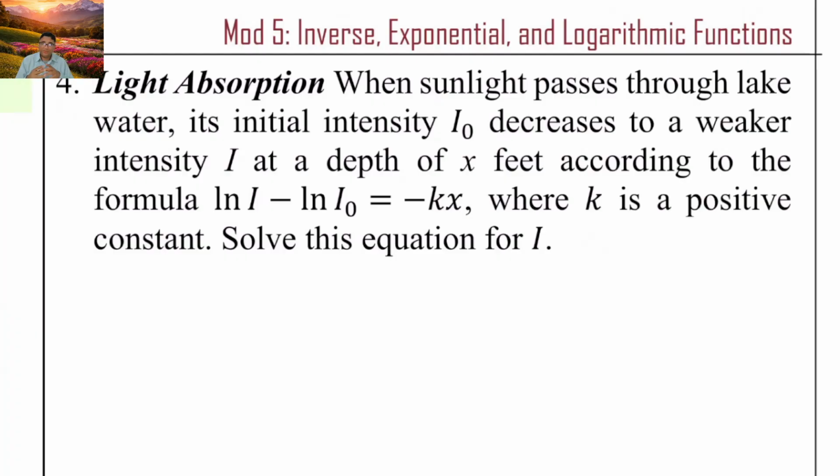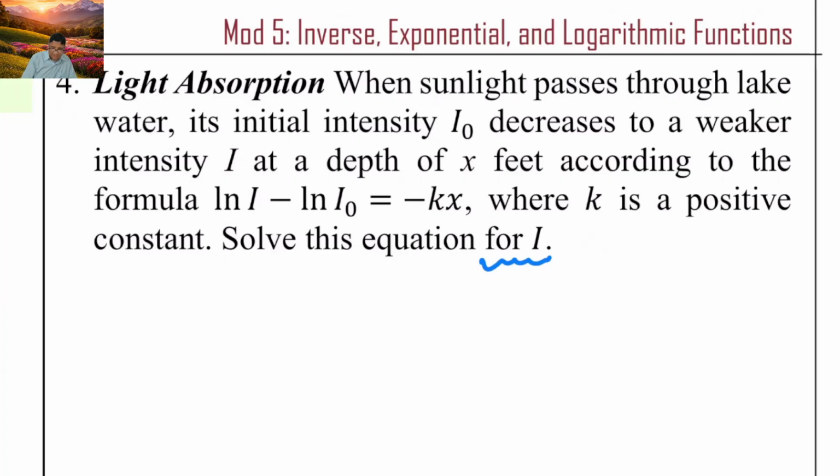How the intensity decreases is given by this logarithmic function. Ln I minus ln I naught, where I naught is the initial intensity, equals negative kx, where k is a positive constant. Solve this equation for I.